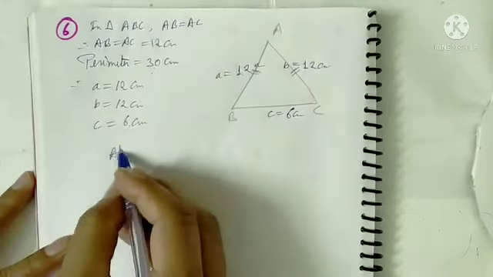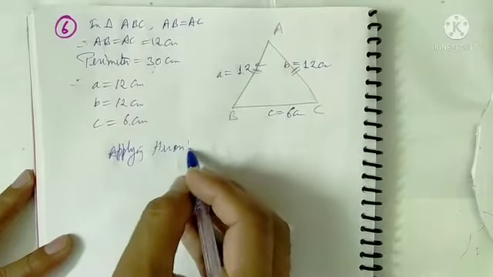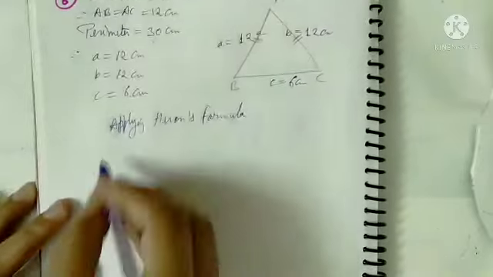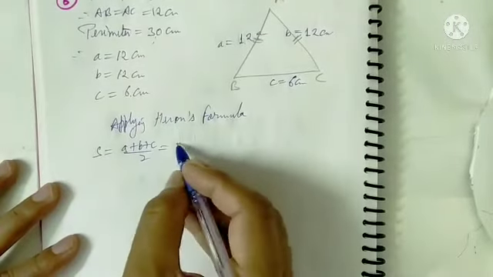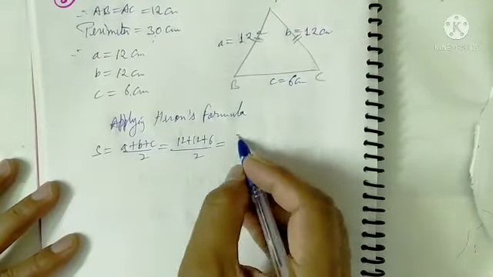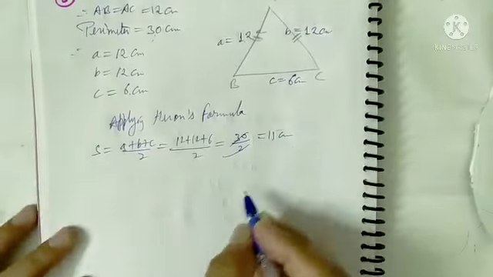Now, applying Heron's formula. So, s is equal to a plus b plus c upon 2. 12 plus 12 plus 6 upon 2. It means this is 30. 30 upon 2 means 15. 15 centimeter is s.